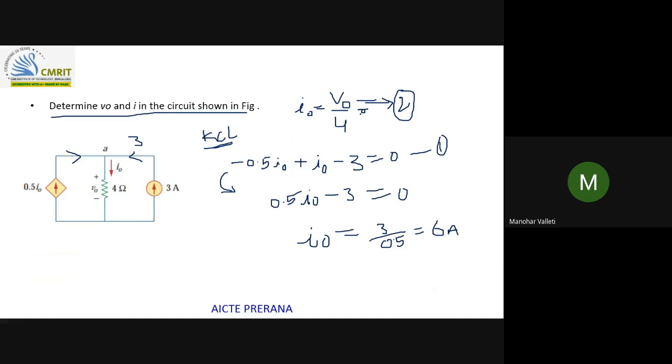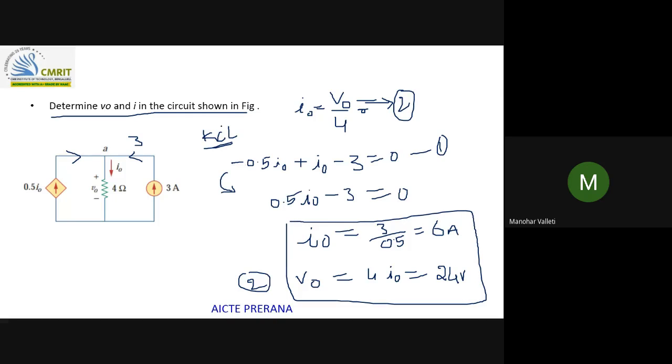V naught equal to, so from equation 2, V naught equal to 4 I naught, 24 volts. So is this understood? I naught and V naught.